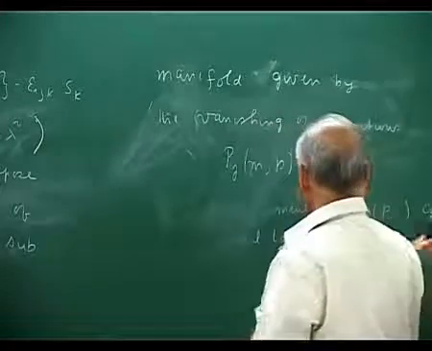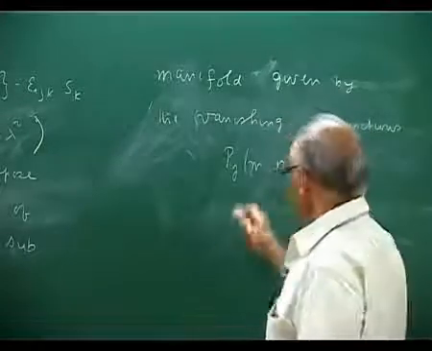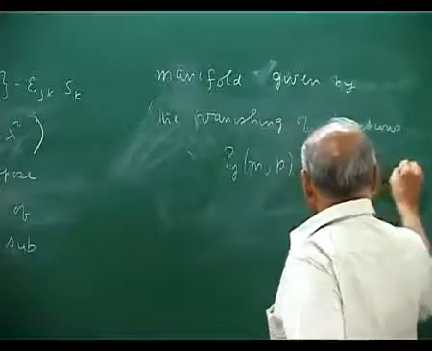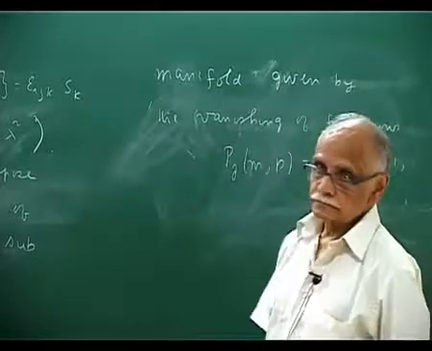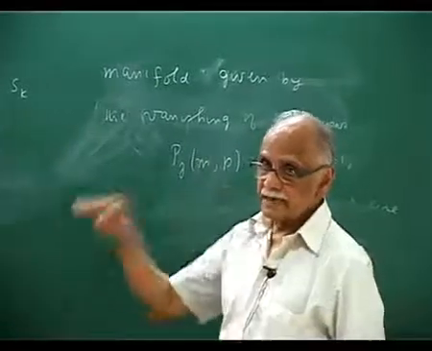But j takes some values. So j is some index set. So there is some submanifold here.